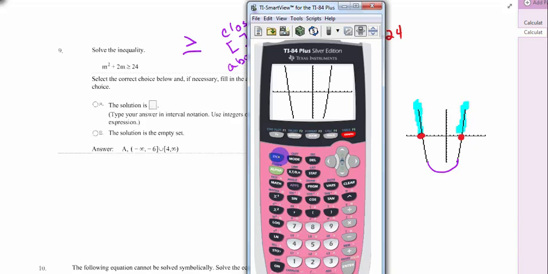So let's go here, second calc 5, 1, 2, 3. That one's at 4. Second calc 5. We'll move over. It took forever. 2, 3, and that's at -6.